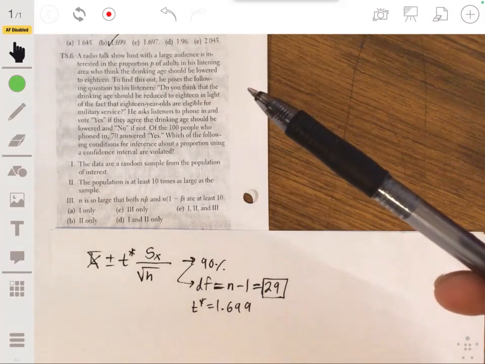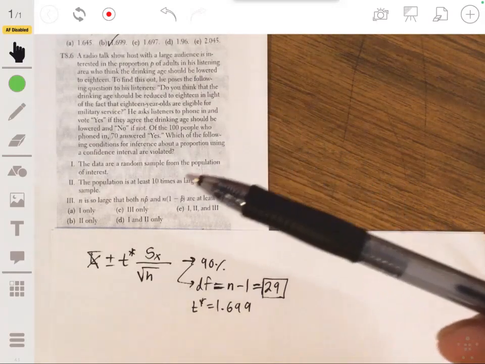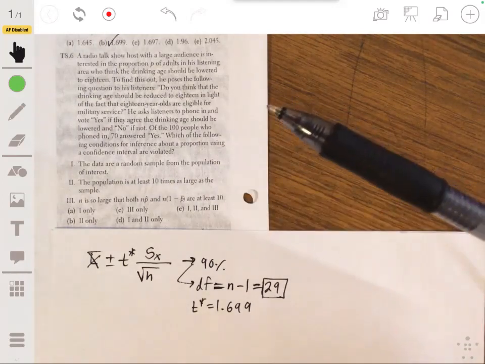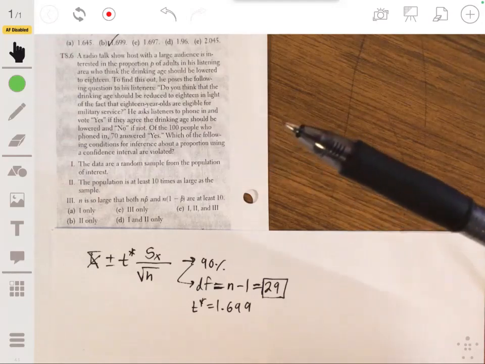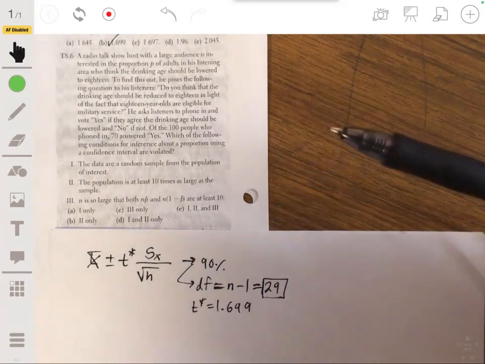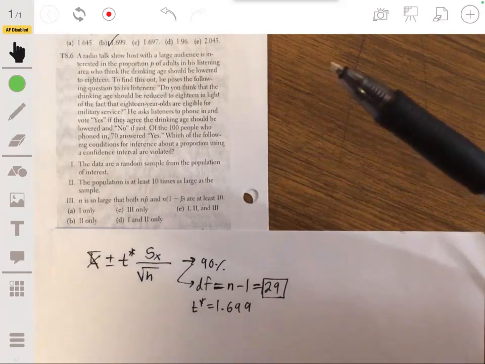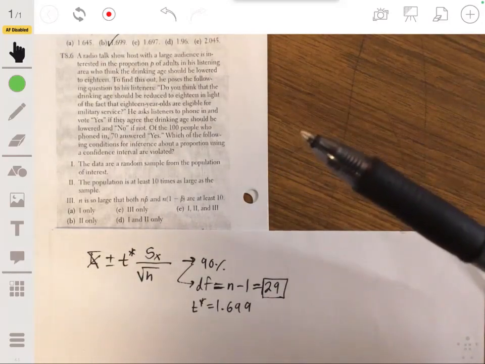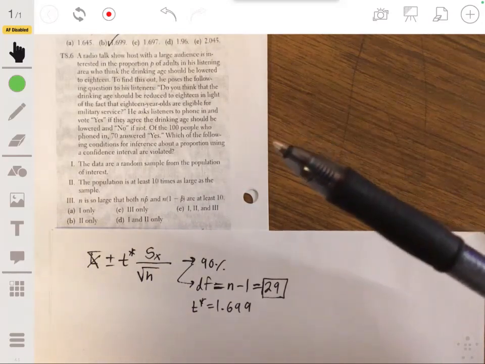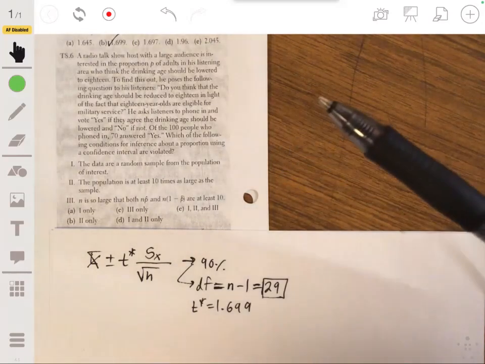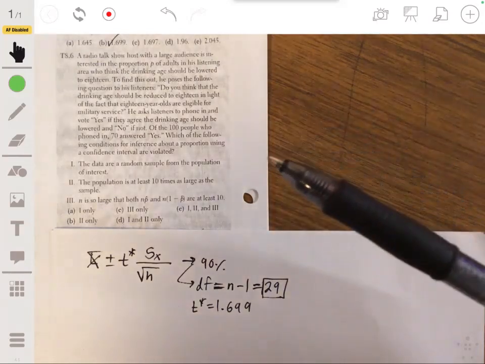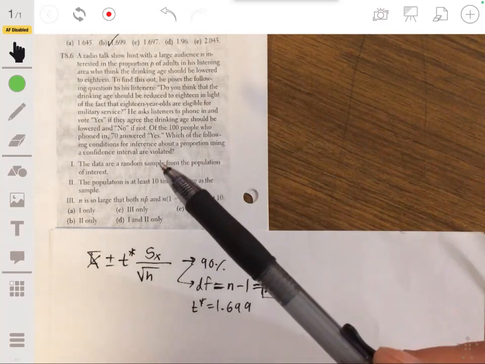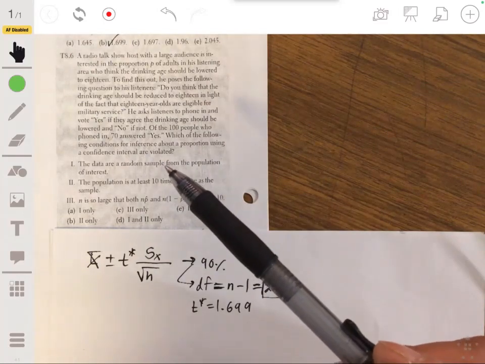And so we could argue that this data may be biased, because maybe the type of people who would take the time and effort to call in to a radio show are probably going to be different than the average person. They probably think differently and have stronger opinions about certain issues. So we know that the random sample condition is going to be violated.